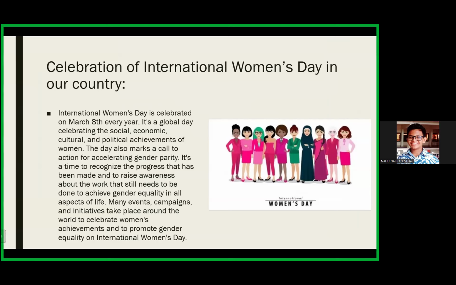It's a global day celebrating the social, economic, cultural, and political achievements of women. It marks a call to action for accelerating gender parity. It's time to recognize the progress that has been made and to raise awareness about the work that still needs to be done to achieve gender equality in all aspects of life.